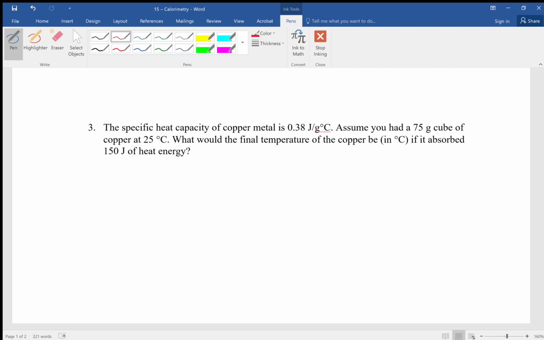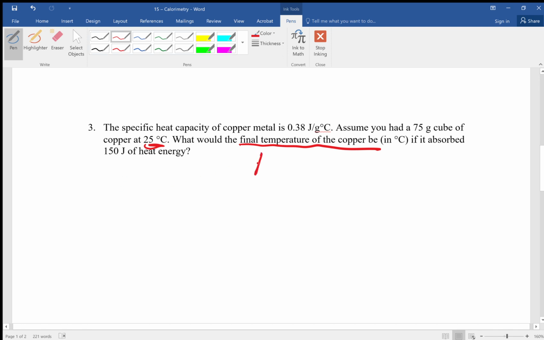And then in part C, now we have the amount of energy, the mass, and the heat capacity. We also have the initial temperature. What we're trying to figure out is how much that will change the temperature of the copper.